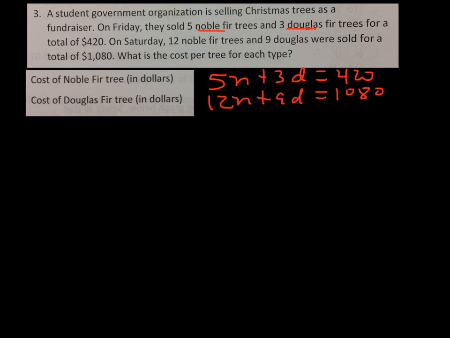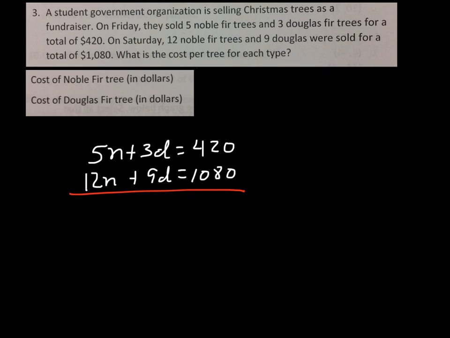Now, if you notice, we have a system, and there's a couple of ways we can solve this system. The method I'm going to choose is elimination. The first thing I notice is that I can eliminate these D's right here because 3 goes into 9. So what I'm going to do is multiply this top one by -3.